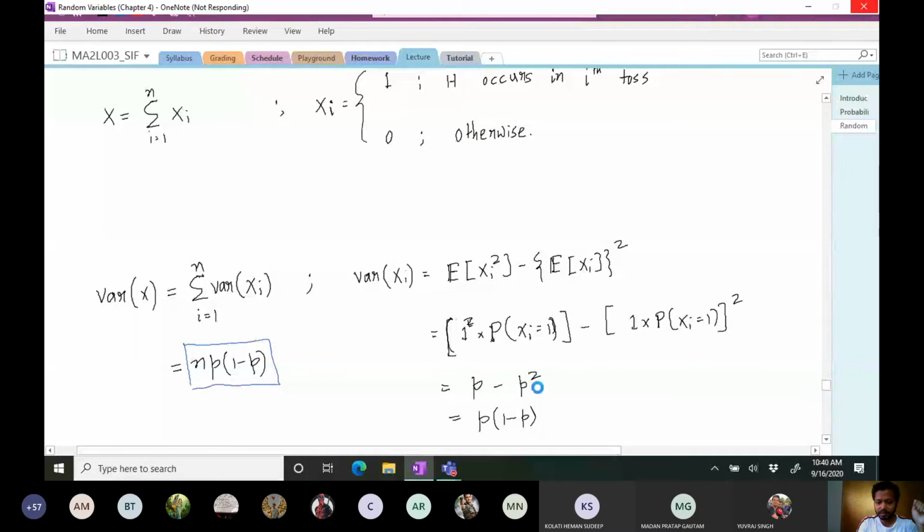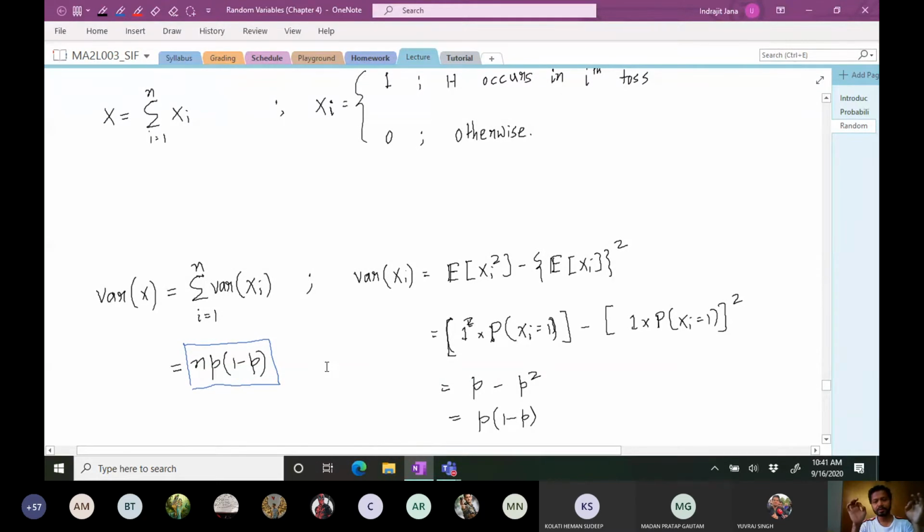That is p minus p square, which is p times 1 minus p. So variance of each xi is p times 1 minus p, and therefore variance of binomial distribution x, which is sum of n many of those, is n times p times 1 minus p.